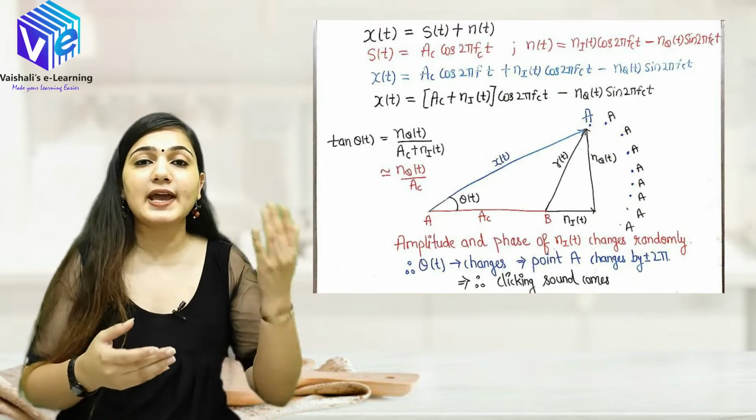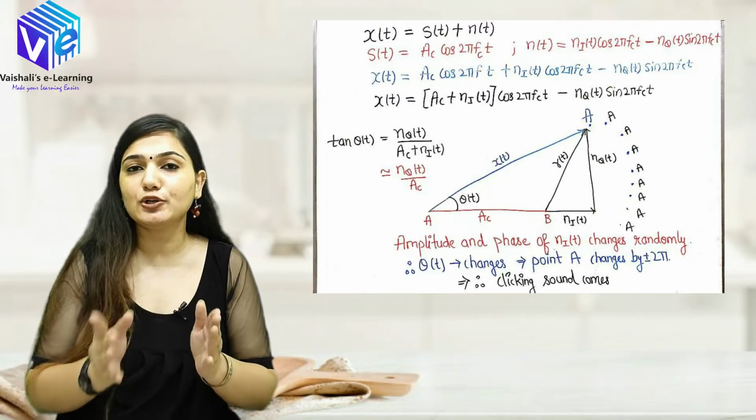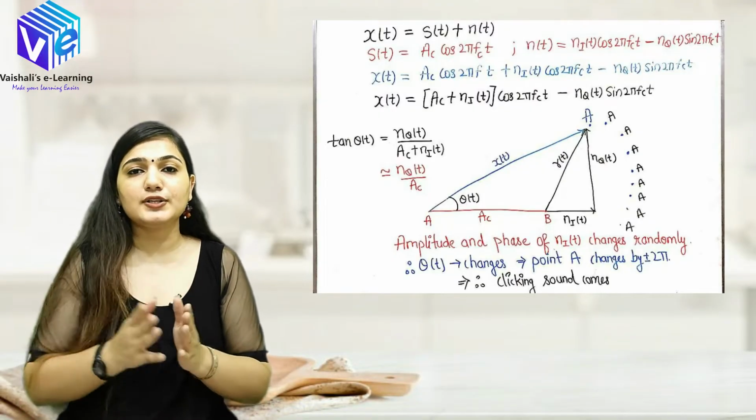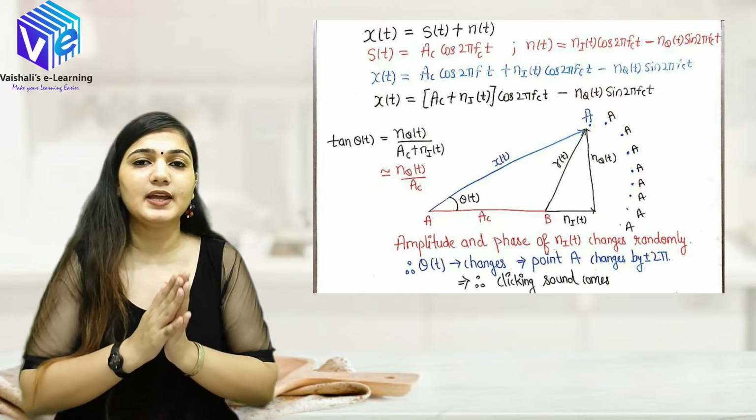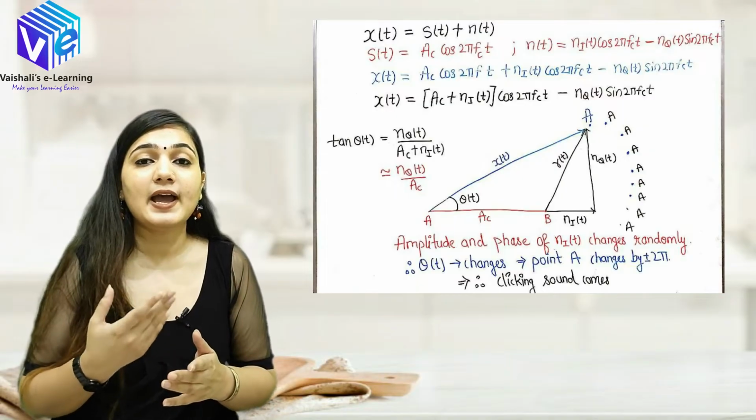The output s(t) can be calculated as the summation of the modulated signal and noise. You can see from the diagram that the modulated signal is represented by m(t) and the noise by r(t).